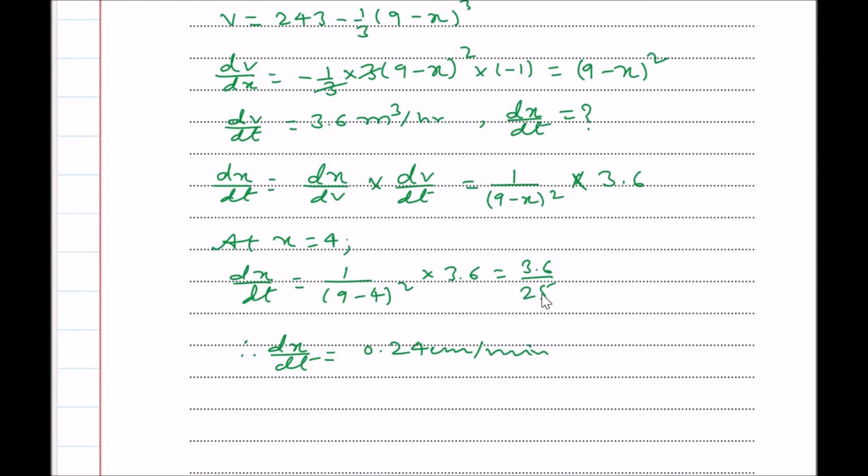We have to write the answer in centimeter per minute. So convert 3.6, multiply by 100 to change into centimeter, and divide by 60 to change hour into minute, and that is giving us 0.24. So that's why dx by dt equal to 0.24 centimeter per minute.